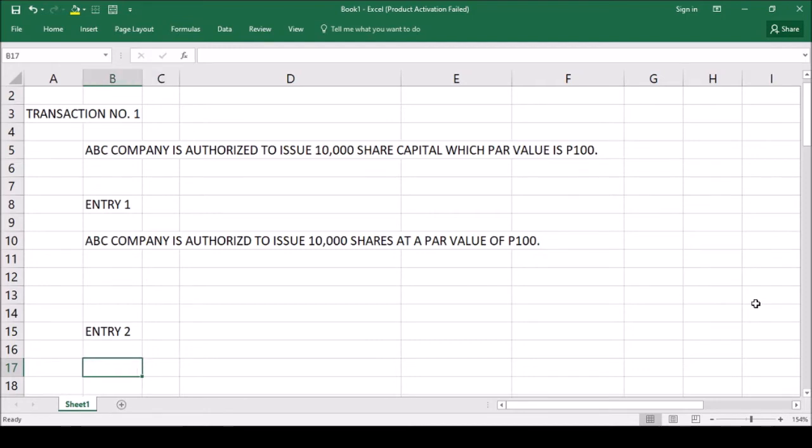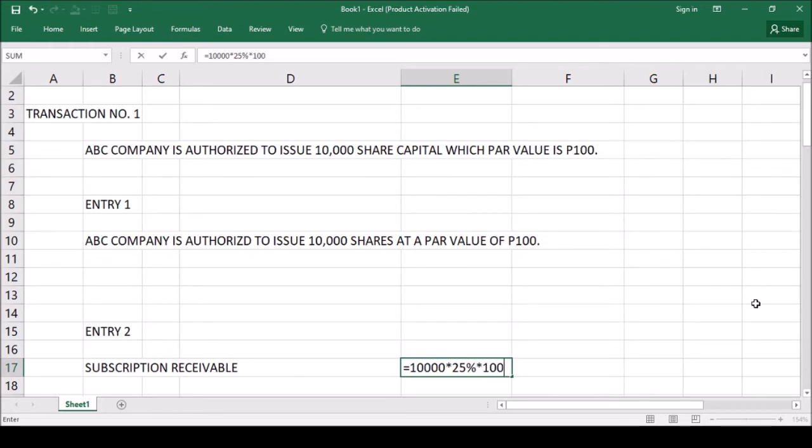So, considering that the number of shares authorized to be issued is 10,000, our debit is subscription receivable, okay? That is 10,000 shares, then multiply it by 25% kasi dapat 25% of the 10,000 masubscribe ng mga incorporators. Multiply it by par value of 100.